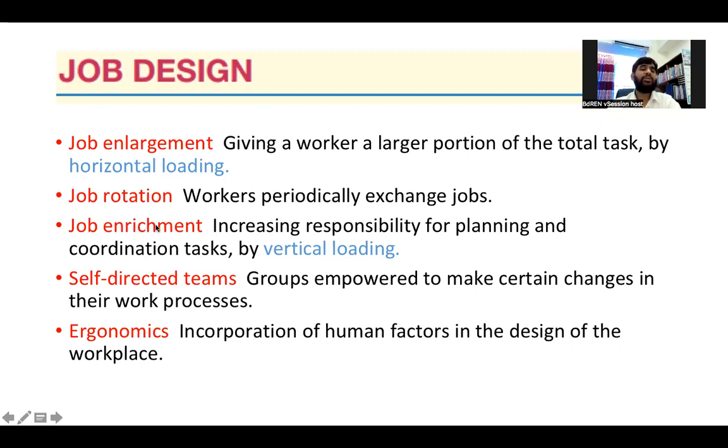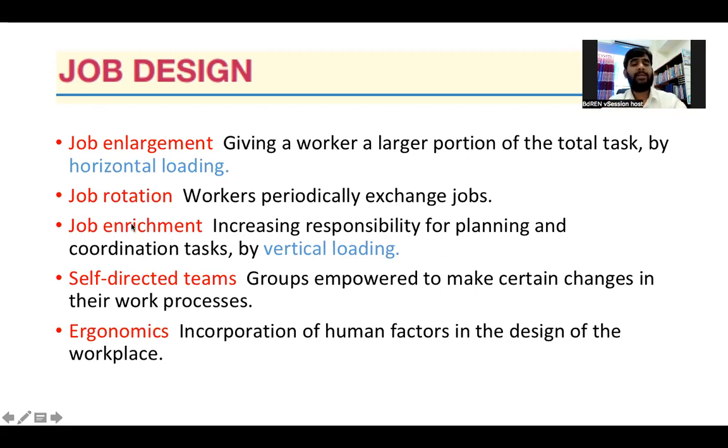And especially job enrichment is referred to as challenging jobs. Giving challenging jobs to the employees is known as job enrichment. And challenging jobs are usually given to employees for their promotion or upgradation. That means job enlargement is giving more jobs, and job enrichment means giving more planning and coordination.